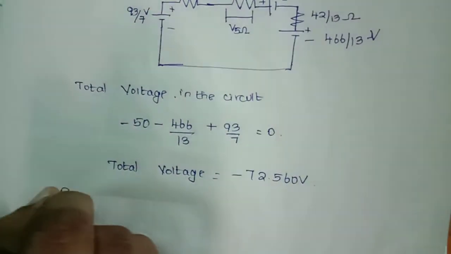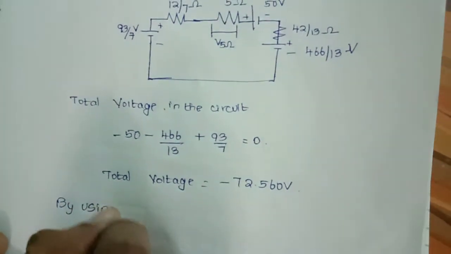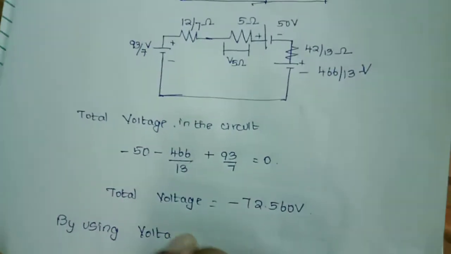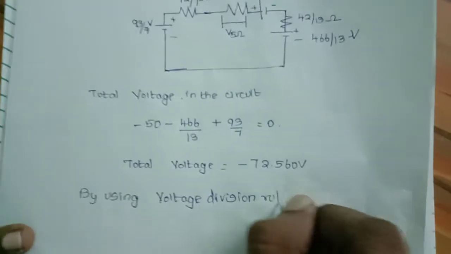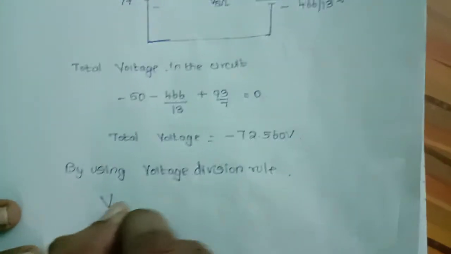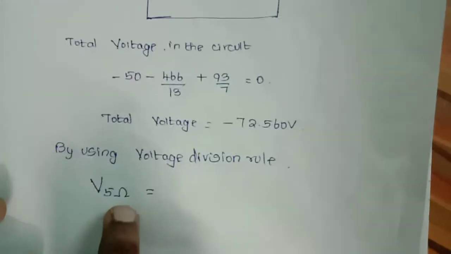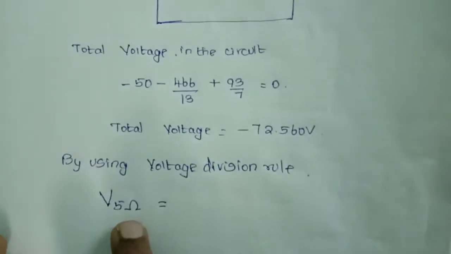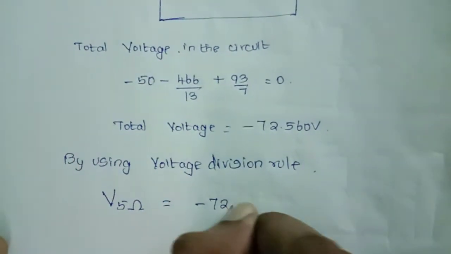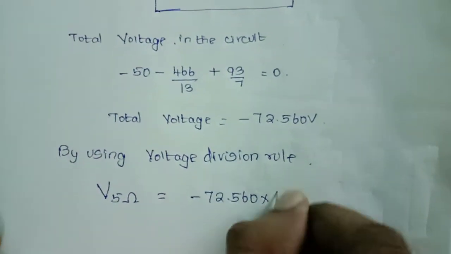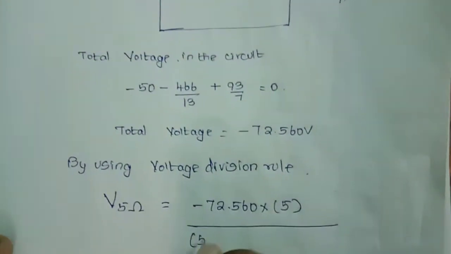Now by using voltage division rule, I want to calculate voltage across 5 ohm. Voltage across 5 ohm can be calculated from the total voltage I have calculated, 72.560 into what is the resistance, 5 ohm, divided by the total resistance.